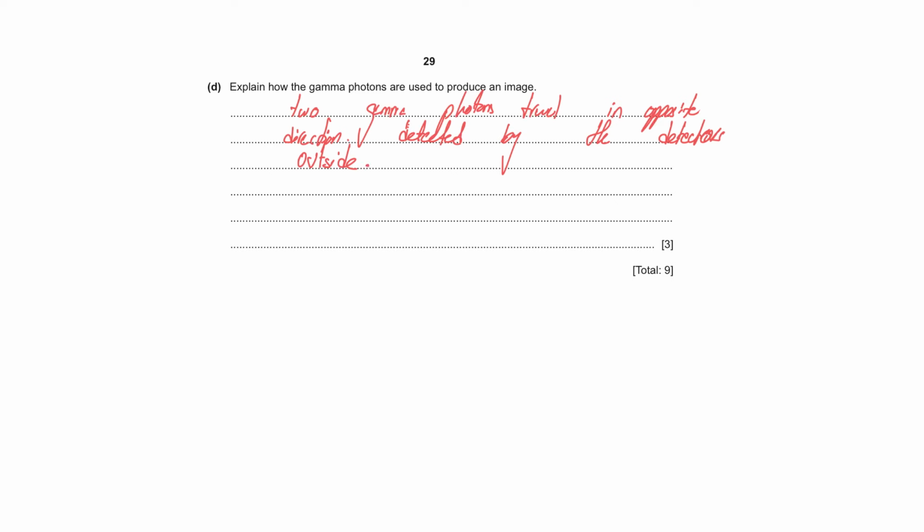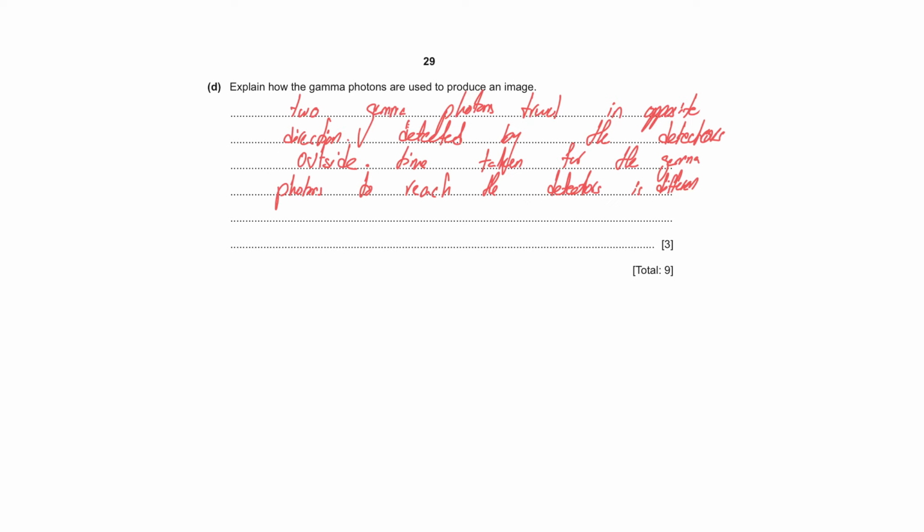The time taken for the gamma photons to reach the detectors is different depending on how far the point where the annihilation process occurs is from the ring.